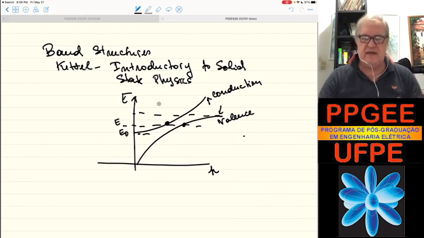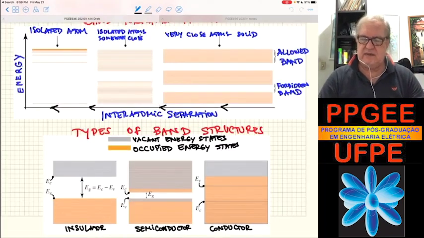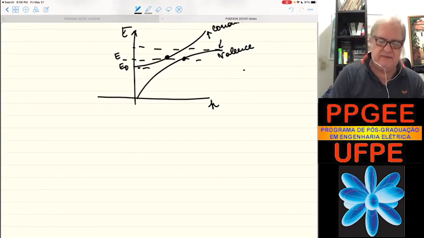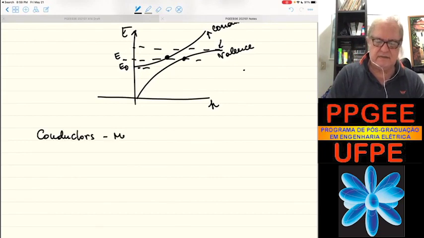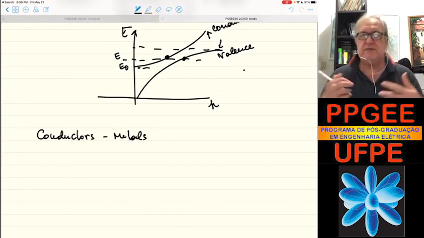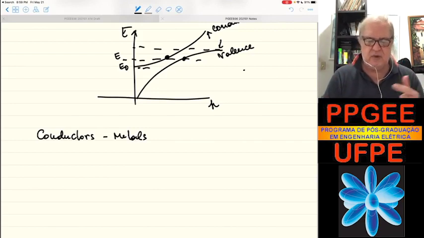We could have, for instance, conductors, right? Metals. You can have transport, mostly in conductors, with electrons moving around.